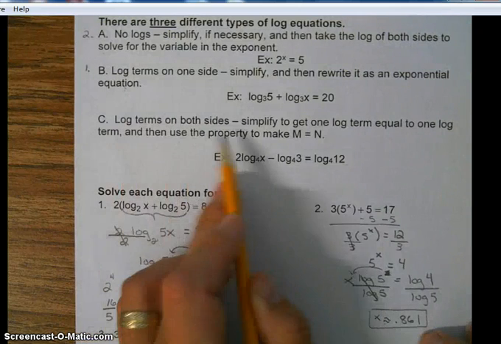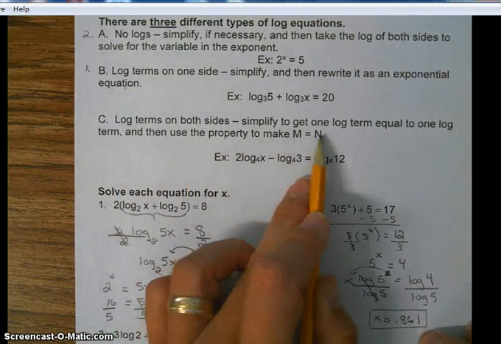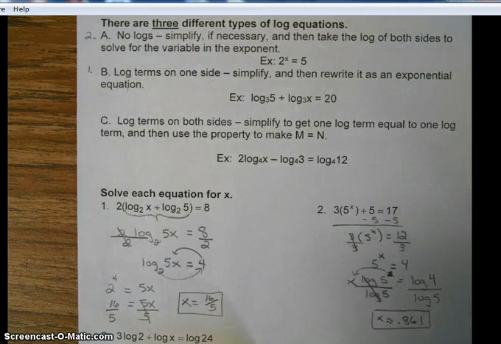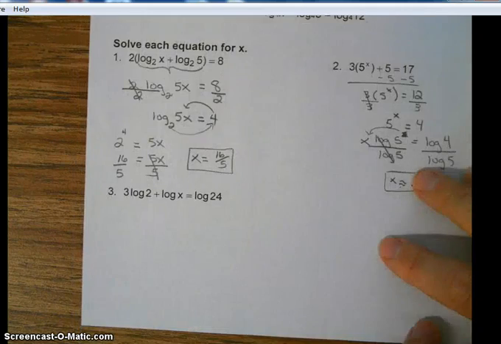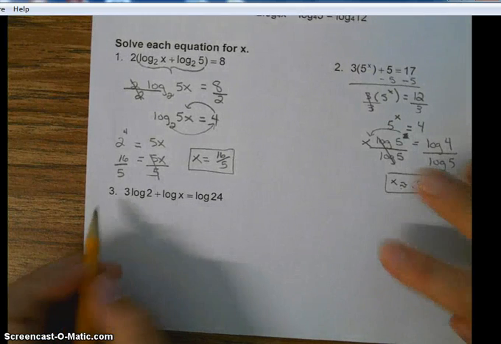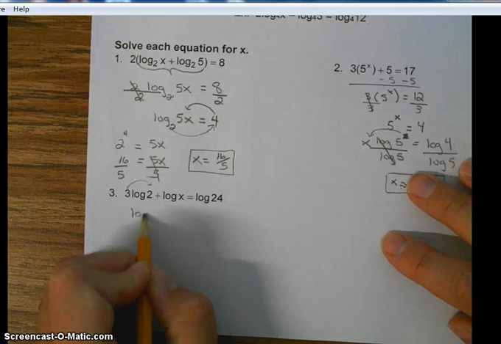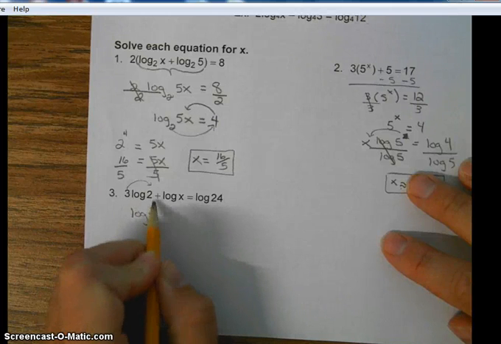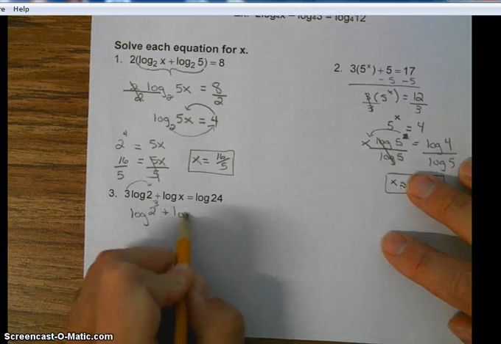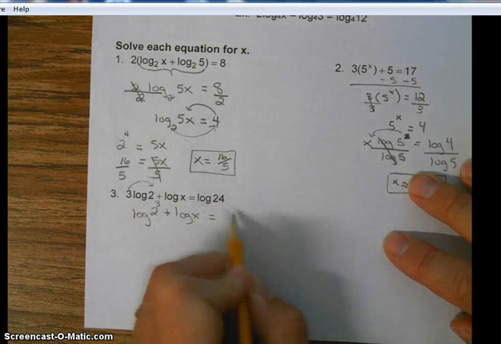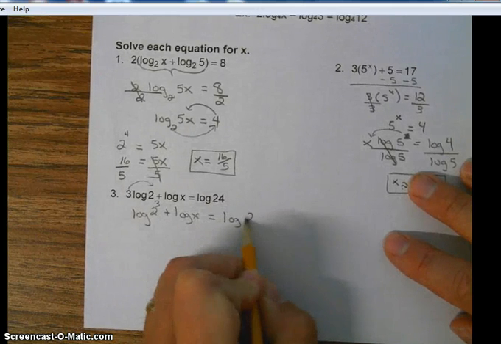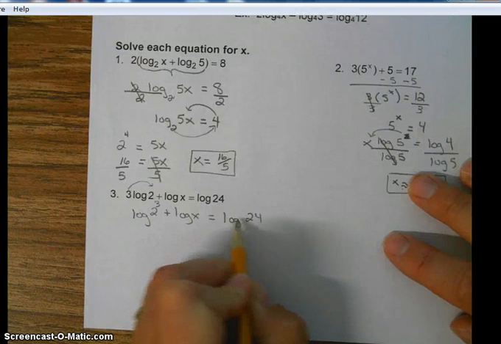Okay, then we're going to use the property to make m equal to n. The two arguments, we're going to make them equal to each other. So let's simplify the left. So first thing we do is we bring that 3 up on the 2. Now we only have one log term on the right, so there's no simplifying needed over here.